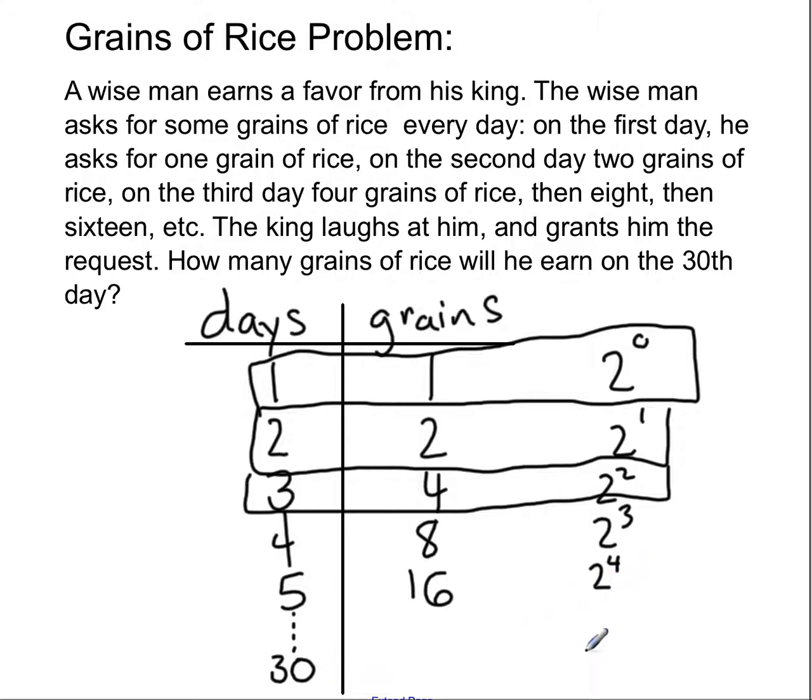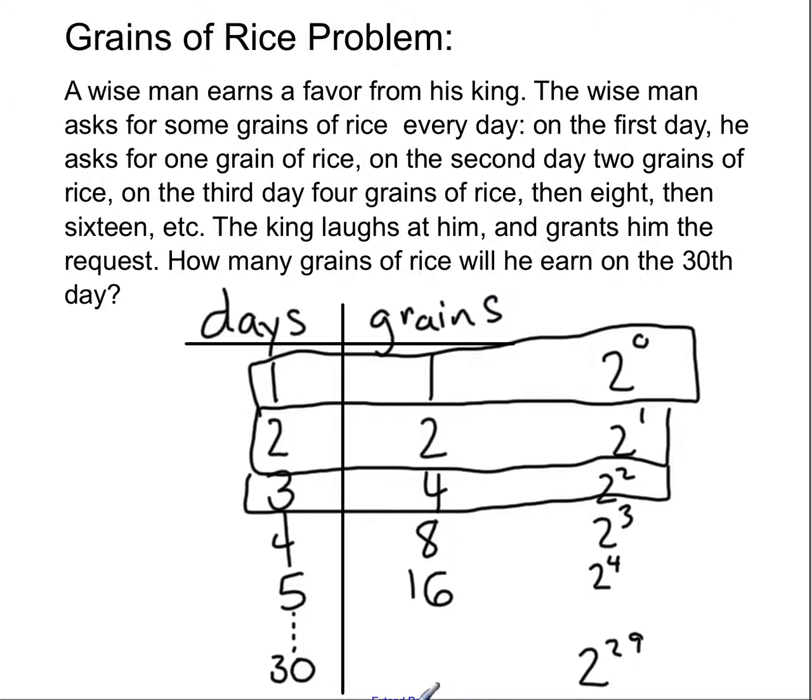So the 30th day will be 2 to the 29th power. And if you actually do 2 to the 29th power in your calculator, you will see it's a huge number. I'll let you do that on your own. So actually the wise man's quite smart, and he ends up getting lots of rice, and the king ends up being very, very sad.